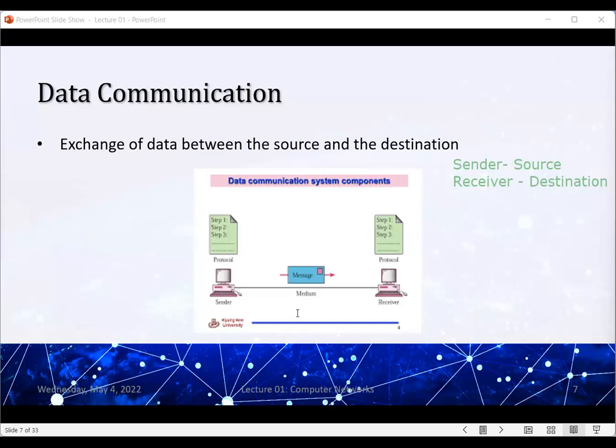So let's say I'm sending an email to my friend, right? Now when I send the email, I'm logging to the internet using the Wi-Fi. So let me know who is the sender. You can put your idea in the chat, right? Who is the sender? Okay. Now who is the receiver or the destination?